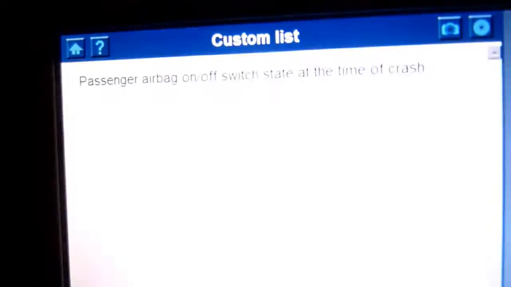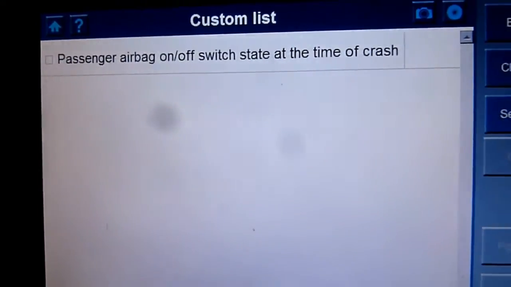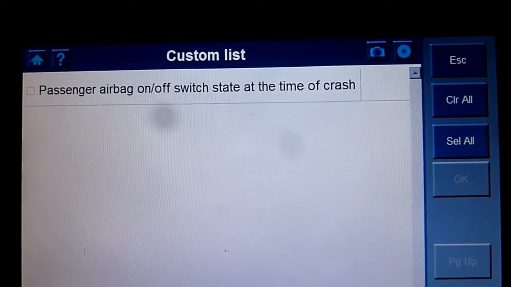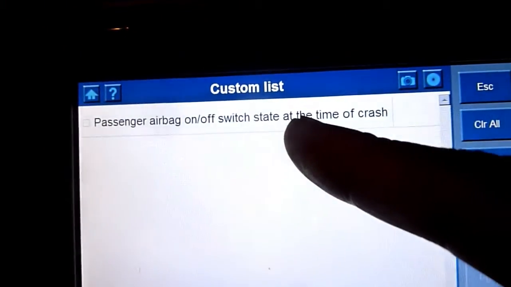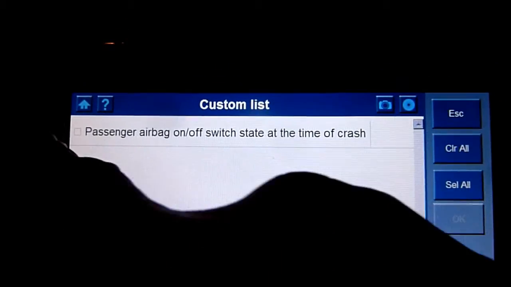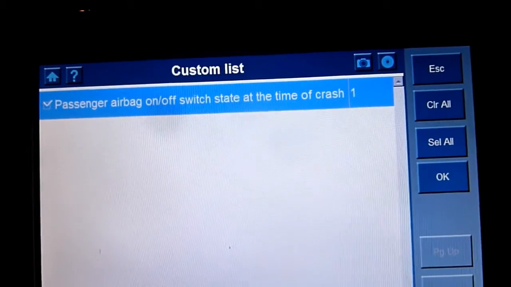So it thinks it's had a crash when I haven't. Owners just check the left hand side, just to check if the airbag thing's on for passengers. Passenger airbag on off switch state, so that's the passenger side, of course, the left side. It thinks it's had a crash. Check that.